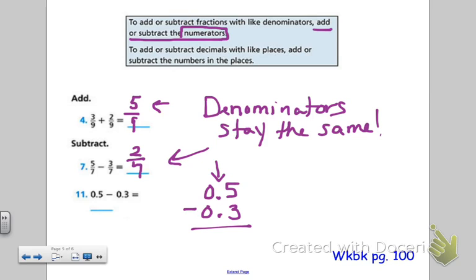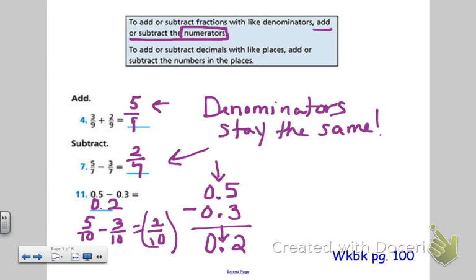And now all we need to do is subtract. 5 minus 3 gives me 2. Of course, 0 minus 0 is 0. And you bring your decimal point straight down, so that is going to give me 0.2, or 2/10. 5/10 minus 3/10 is going to give me 2/10. That's what it would look like as a fraction.